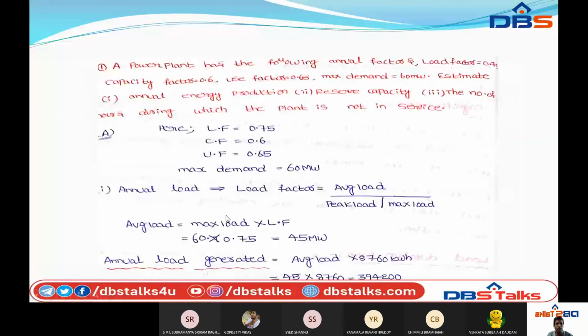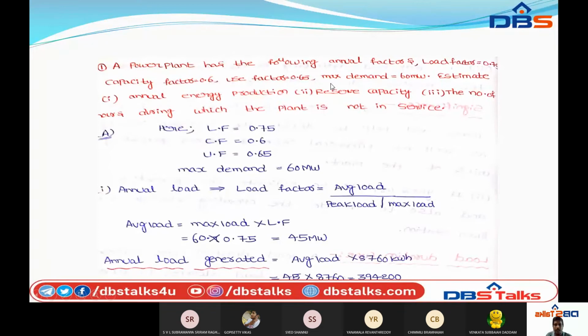After that, one problem is solved based on power plant economics. First of all, the data is given. A power plant has the following annual factors. Load factor is 0.75, capacity factor is 0.6, use factor is 0.65, where maximum demand is 60 megawatt.